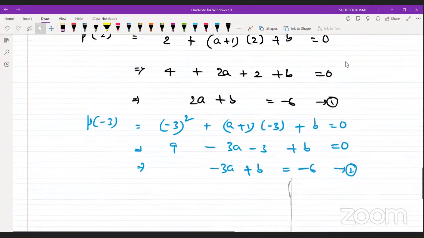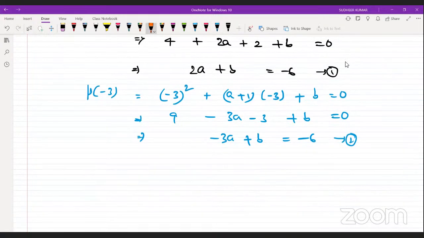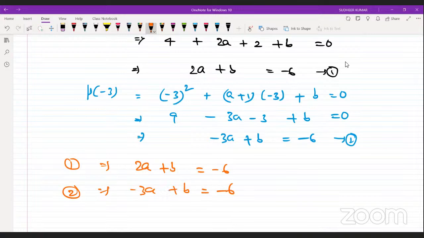Use these two equations as linear equations in two variables. Let us solve this. 1 is 2a plus b equal to minus 6, and 2 is minus 3a plus b equal to minus 6. When the b coefficients are the same and have the same sign, let us subtract.